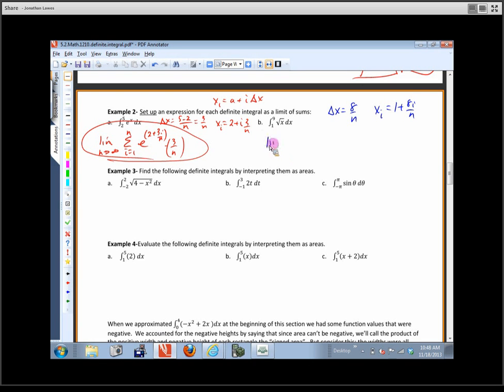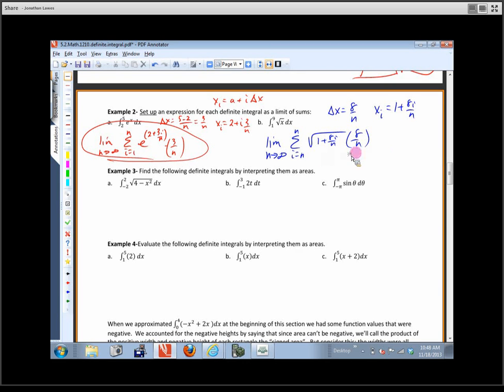Okay, so this signed area, this net area would be the limit as n approaches infinity, sum from i equals 1 to n, big square root for a function value, and then I'm going to have a width over here. So I've got a height here, and I've got a width here. Height is going to be, here's my evaluation point, 1 plus 8i over n times my width, 8 over n.